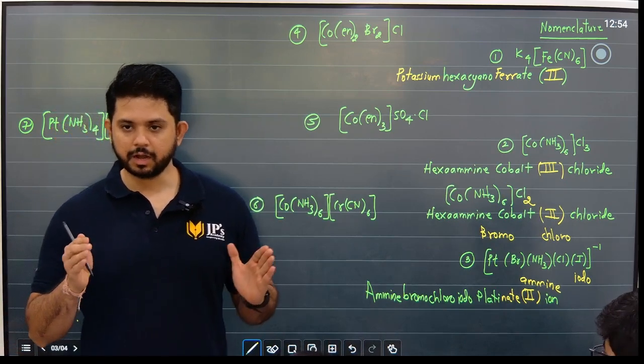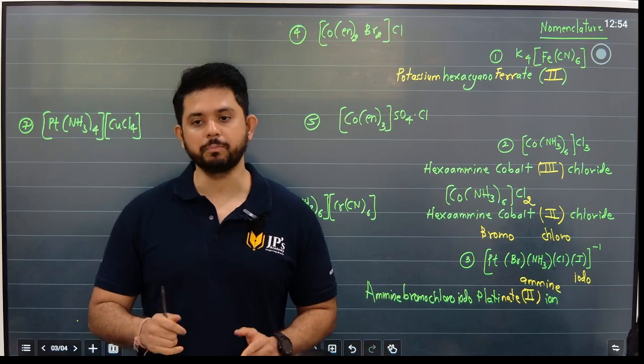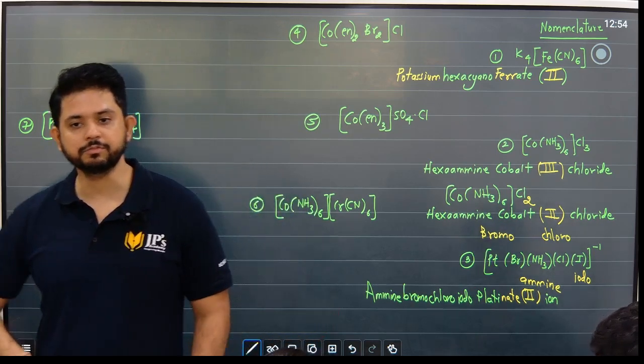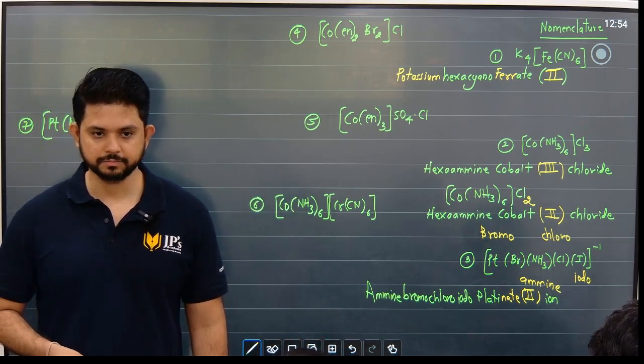When the complex is an anionic complex, you add ATE to the name of the central metal atom.